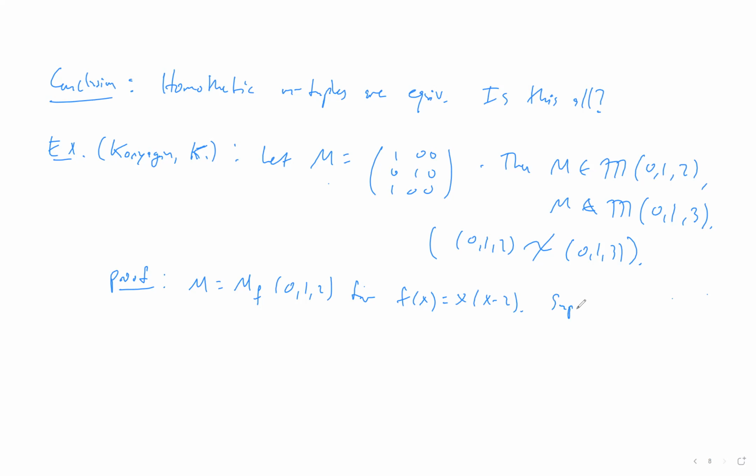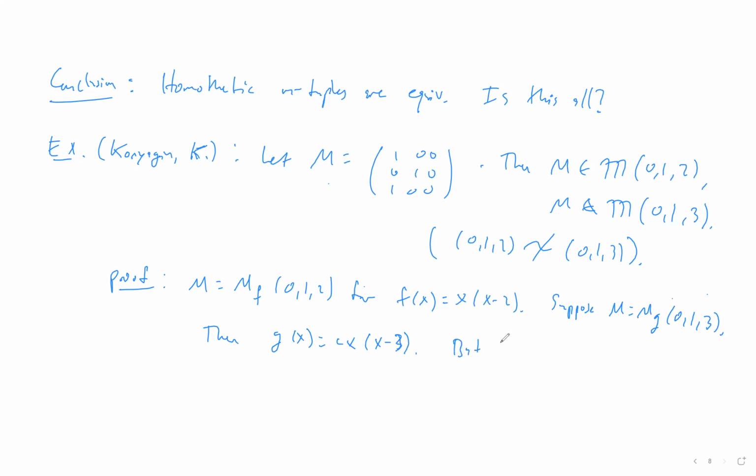So suppose M is equal to mg of 0, 1, 3. Then g of x has to have a root at 0 and at 3, and it's quadratic, so up to a constant, it's c times x minus 3.